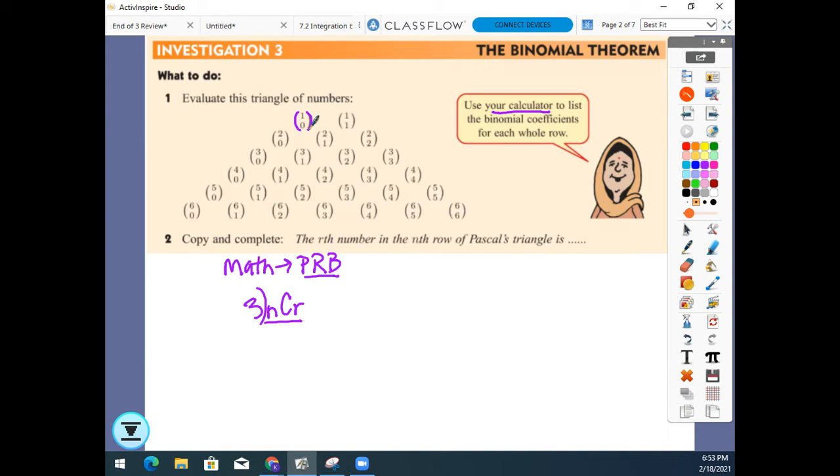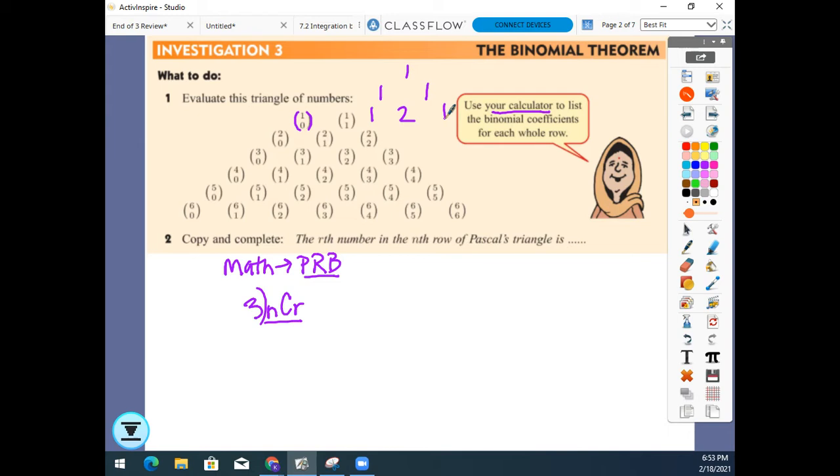Okay, so first you have to put the first number in as your n number. So push 1, then go to math, prob, down to number 3, nCr, and if you plug in 0, you get 1. So remember, it goes 1, 1, 1, 1, 2, 1, and so forth.